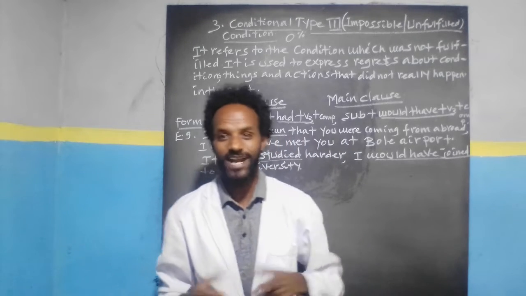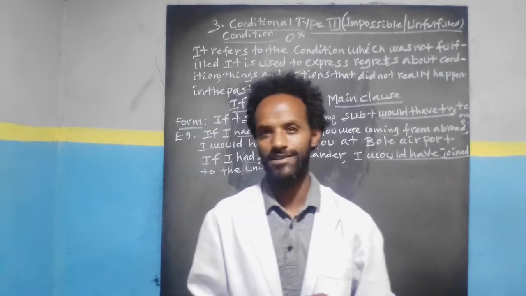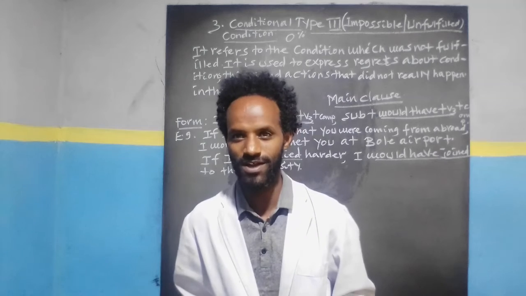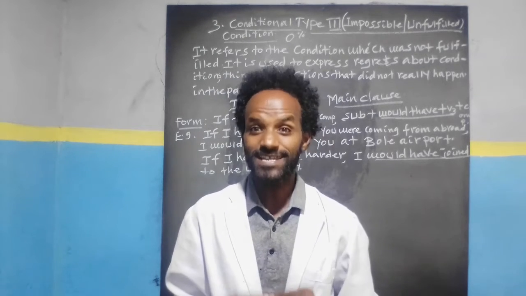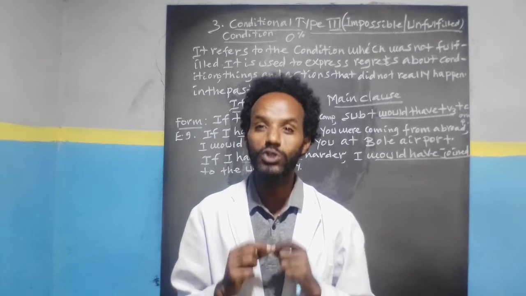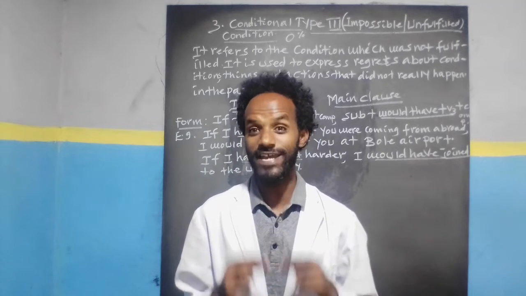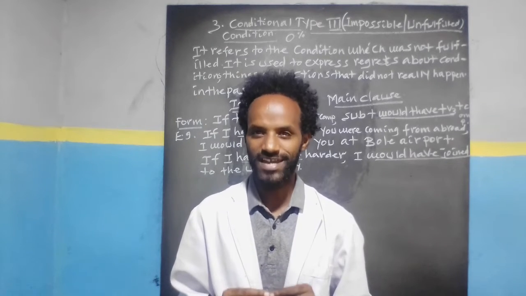If you want to talk about such kinds of unfulfilled events, situations, circumstances and conditions, it is preferable to use the type of conditional sentence which is called conditional type 3, or impossible or unfulfilled conditional.